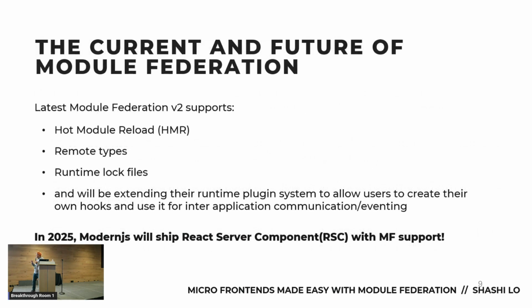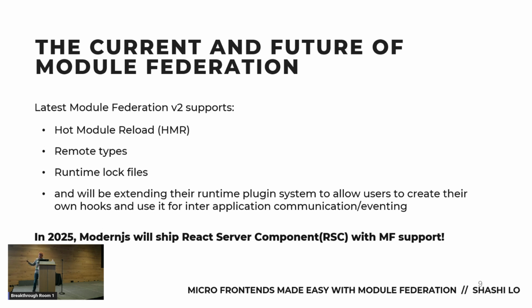Now, I've had the opportunity to talk to Zach Jackson. He is the creator of Module Federation. I told him I was doing this talk, and he gave me some awesome snippets about the current and future state of Module Federation. So, latest Module Federation version 2 supports hot module reload, remote types, runtime lock files, and we'll be extending their runtime plugin system to allow users to create their own hooks and use it for inter-application communication eventing.